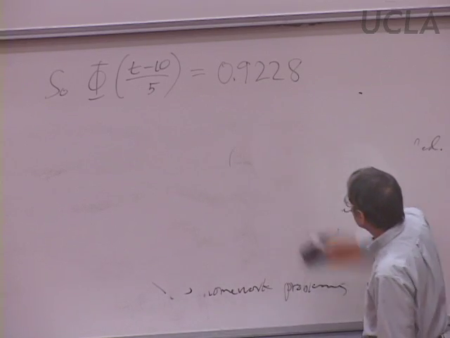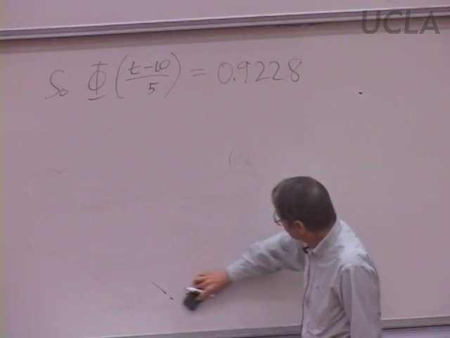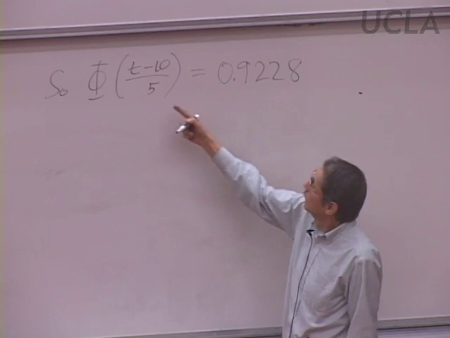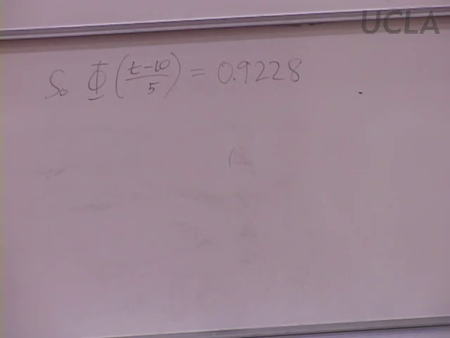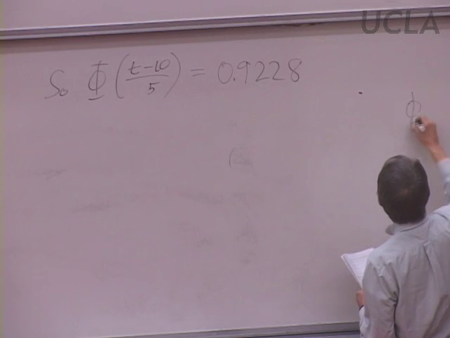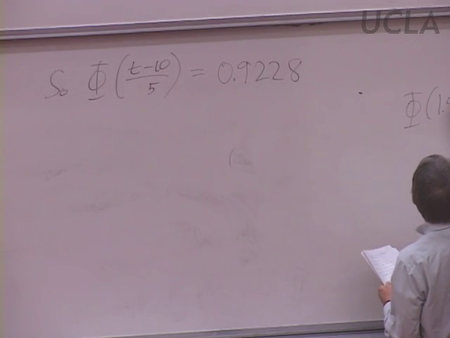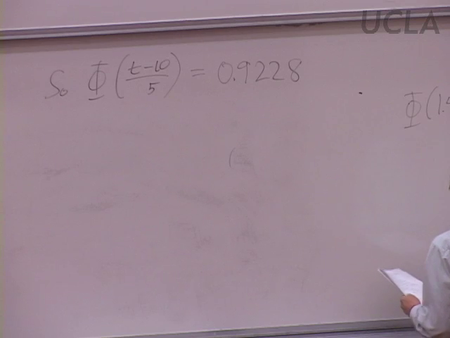So we look at our table for a number phi of which would be 0.9228. Well, we don't find anything that works perfectly, because we can only put in 2 decimal places into our table without doing something fancy.